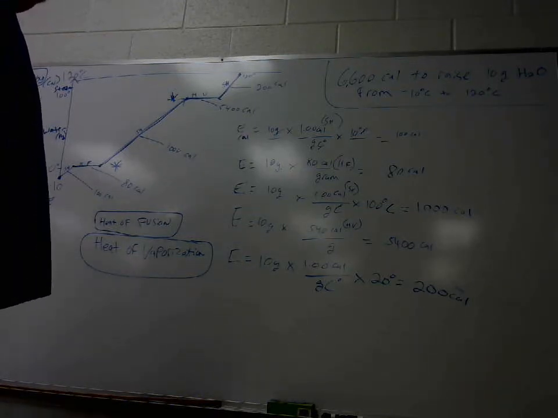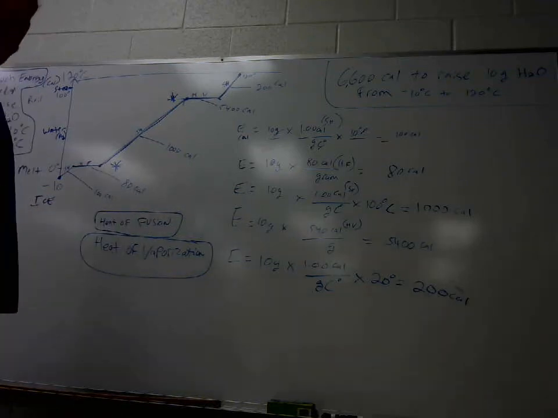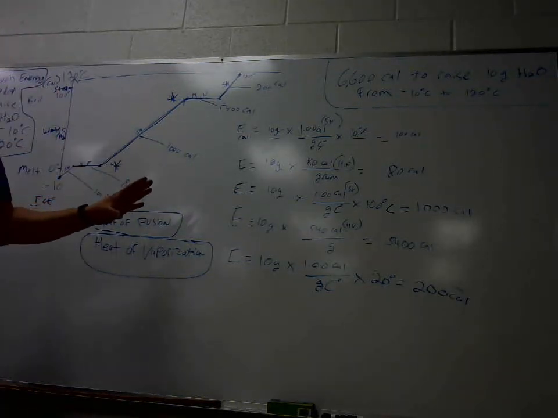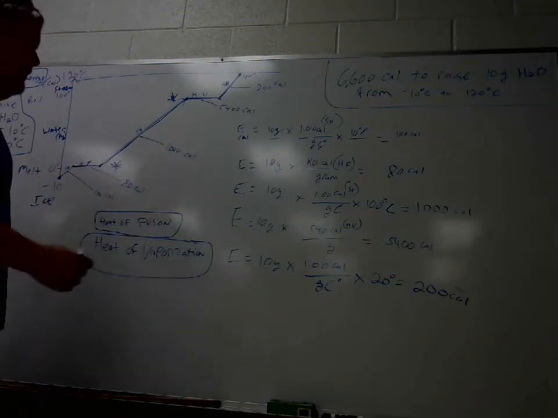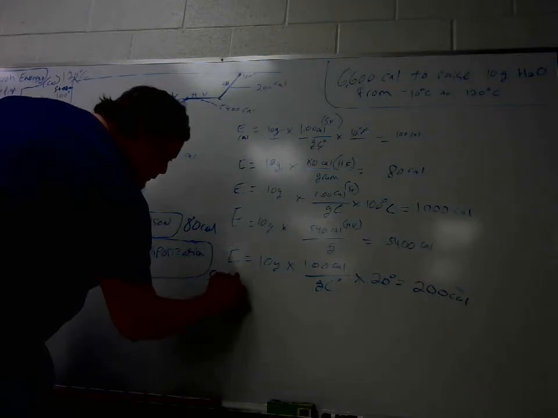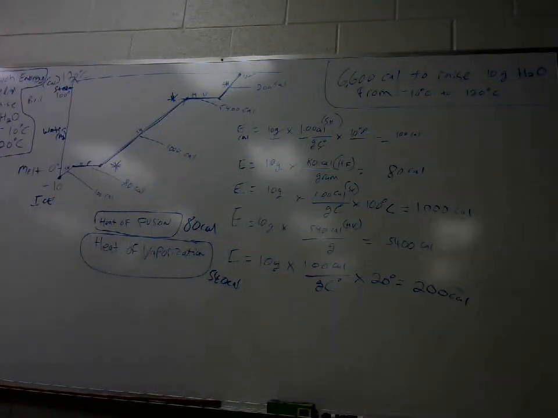Don't quote me, but I don't think that any professor realistically is going to throw you a problem like this and then expect you to know that this is 80 cals and this is 540 cals, okay? Unless they specifically say in their lecture notes, hey, we want you to know this because you might see that on the test. I don't think you're going to see it.